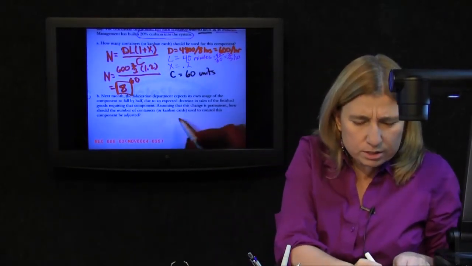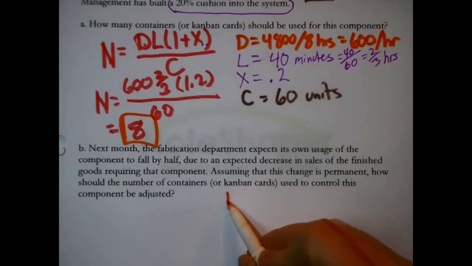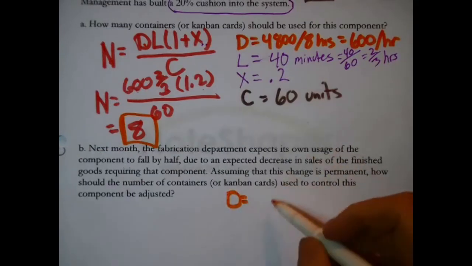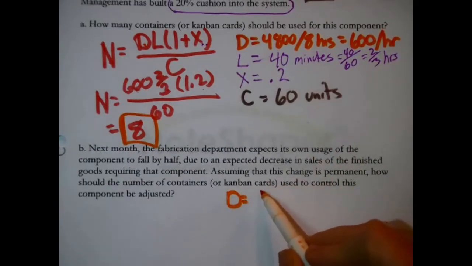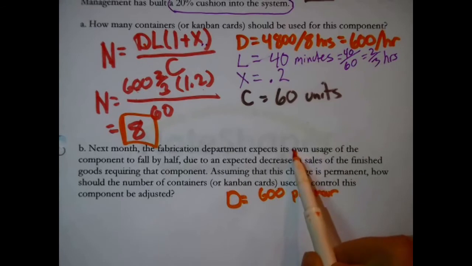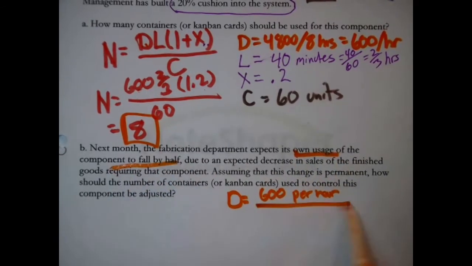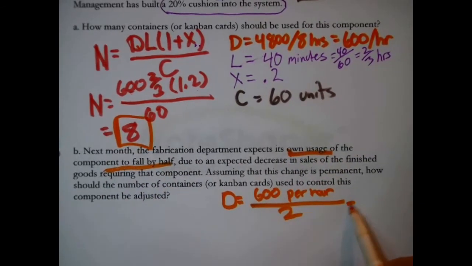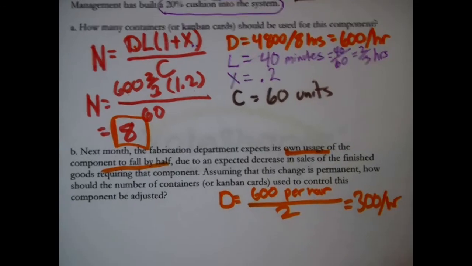Now, what is it that they said? What's the new D? Well, the old one was 600 per hour. And they said that they expect their usage to fall by half. So, right, we just want to divide it by 2. And say, all right, our new D is 300 an hour.